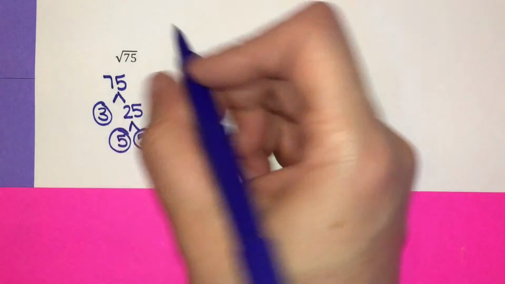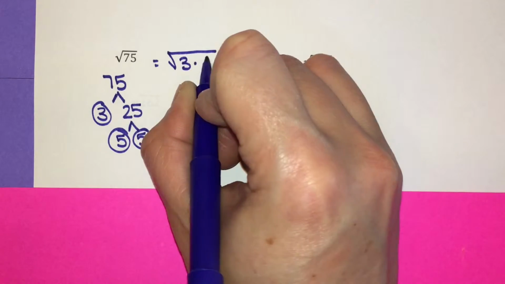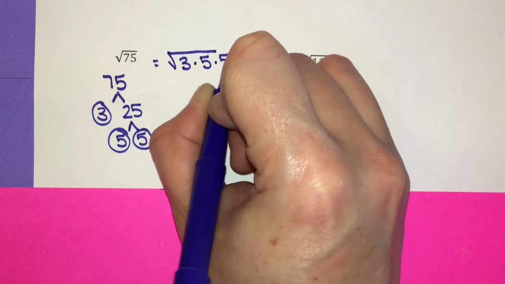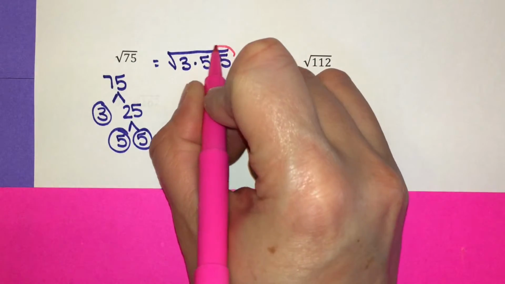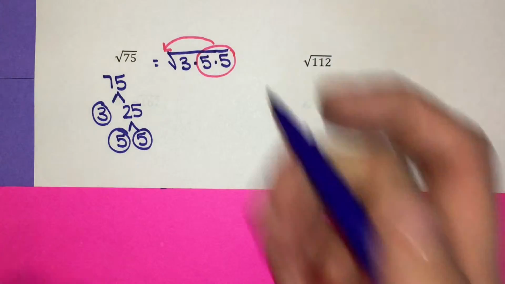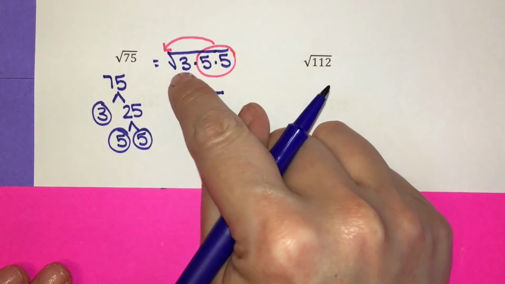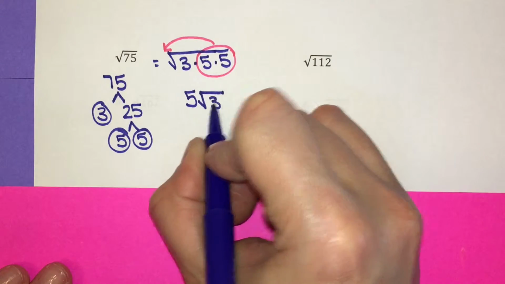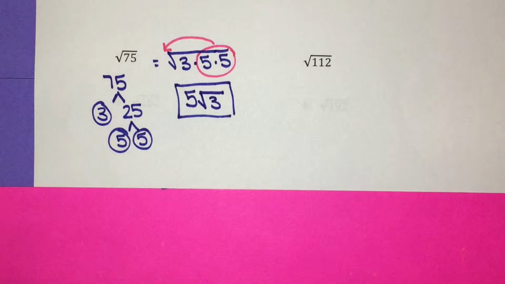So this gives me the square root of 3 times 5 times 5. We have 5 multiplied by itself, so that means 5 can come out. So we have a 5 on the outside, and we're left with the square root of 3, because it doesn't have another 3 multiplied by it, so it can't go to the outside of the square root.